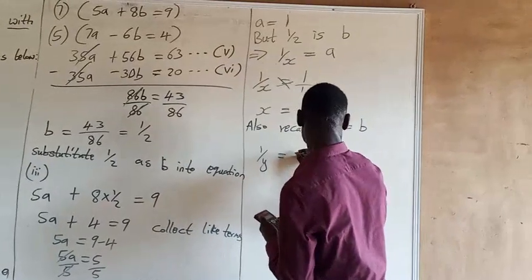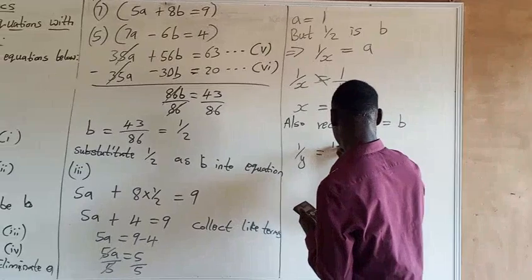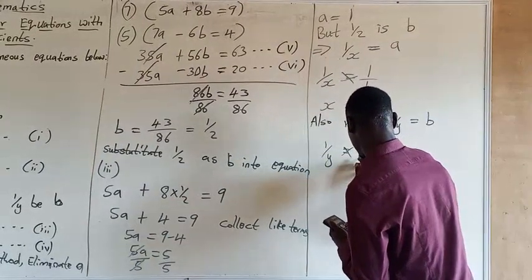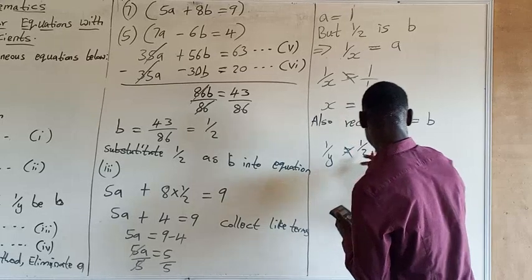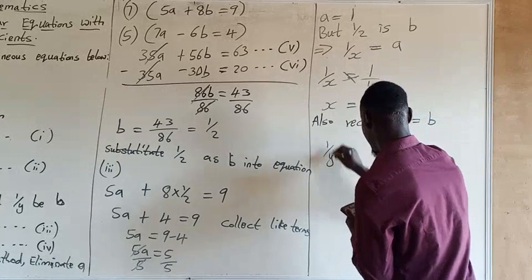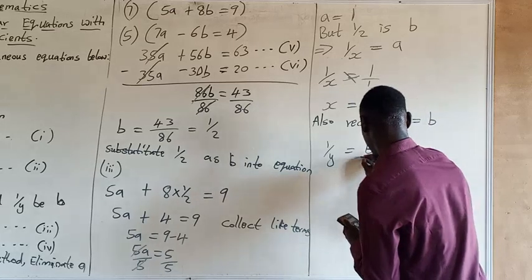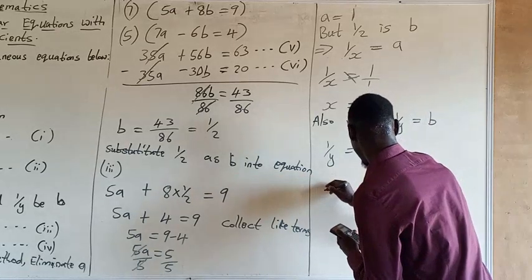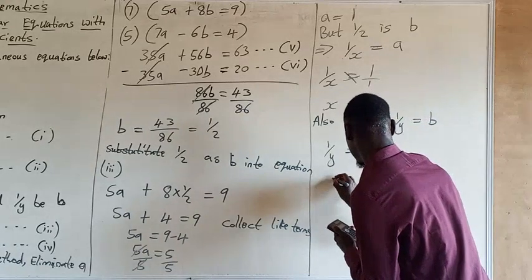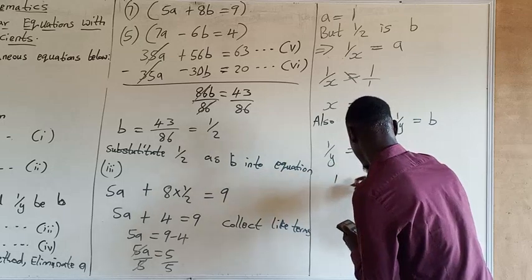So we change our b to be 1 over 2. So when we cross multiply, we have, okay, 1 over y is equals to b. All right, so when we cross multiply, we have 1, this will times this, and this will times this.